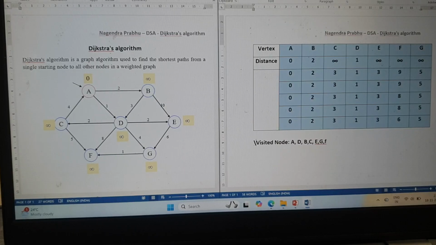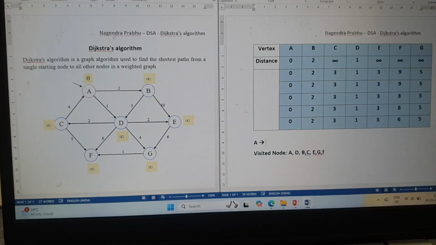Now you can see here, from A we have found all the distances. From A to B it is 2, from A to C it is 3, A to D it is 1, A to E the distance is 3, A to F the distance is 6, A to G the distance is 5. You can check in the graph here.